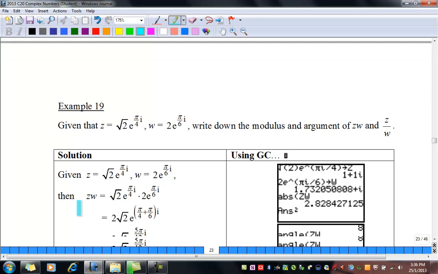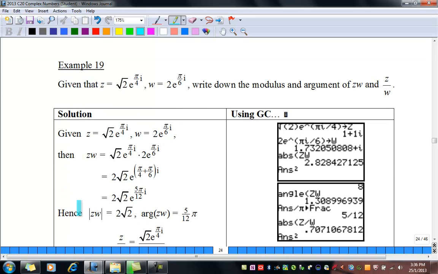In example 19, we will investigate how to compute the product of two complex numbers very quickly using exponential form. If you recall, what we learned in Cartesian form was that if I wanted to multiply two complex numbers z1 and z2, then I know this will be x1 plus iy1 times x2 plus iy2.